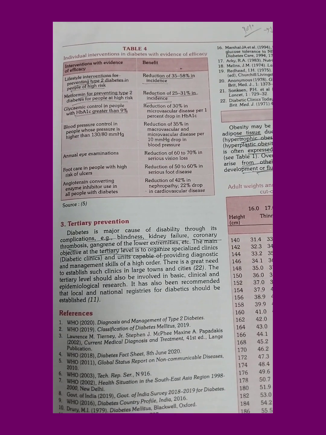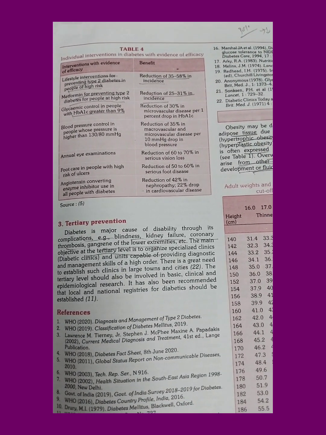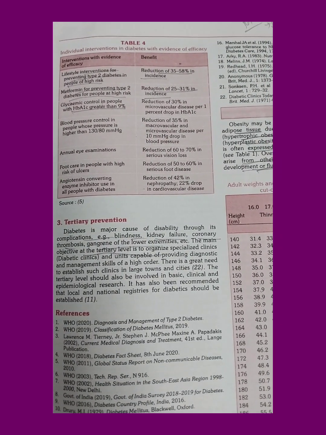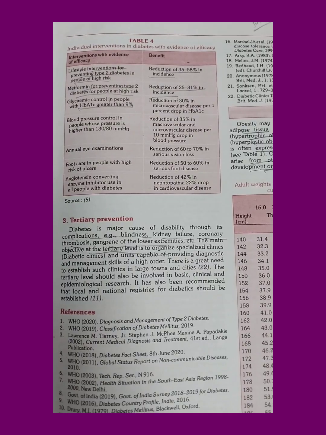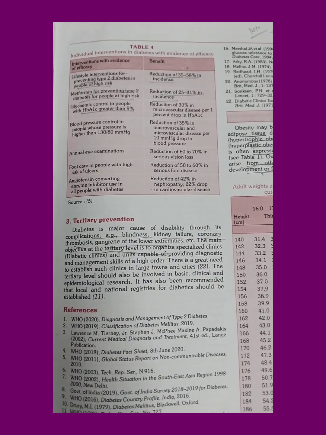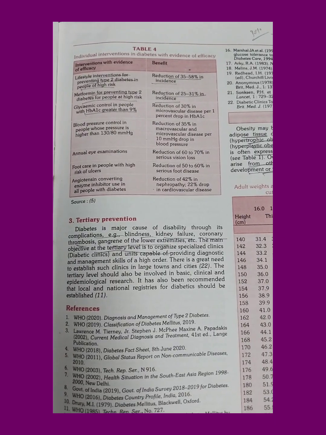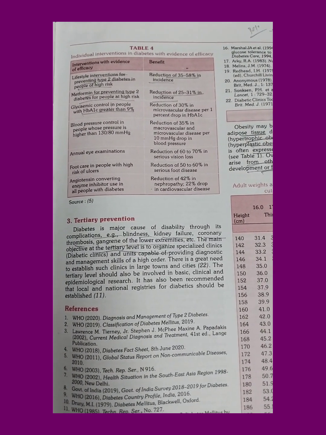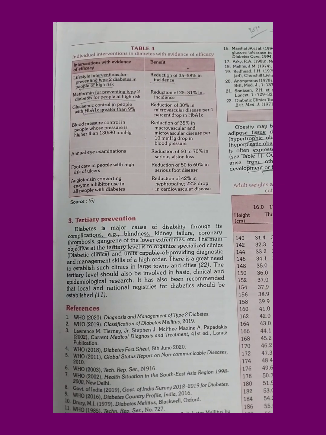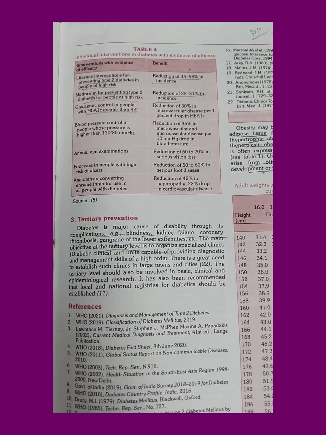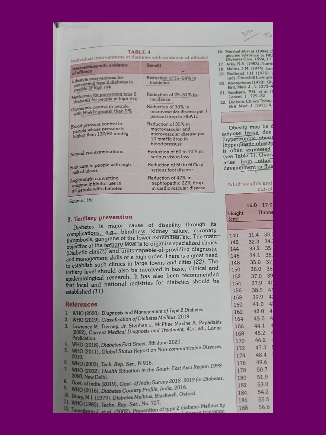Blood pressure control in people whose pressure is higher than 130 by 80: reduction of 35% of microvascular and macrovascular disease per 10 mmHg drop in blood pressure. Annual eye examination: reduction of 60 to 70% in serious vision loss. Foot care in people at high risk of ulcers: reduction of 50 to 60% of serious foot disease. ACE inhibitors: reduction of 42% in nephropathy and 22% drop in cardiovascular disease.